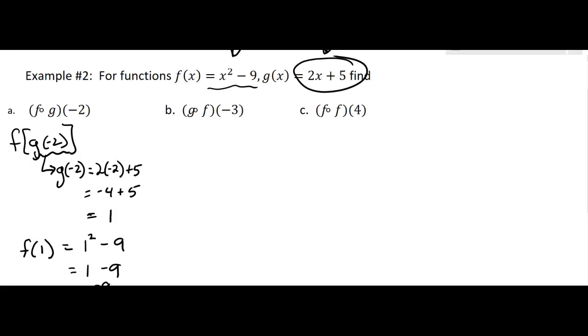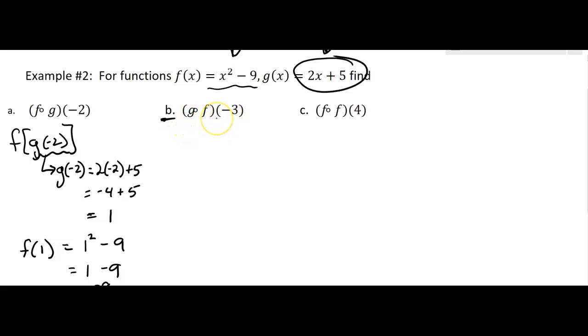So now in part B, we're going to find g of f of x. We're going to do it different. We're going to get the oil changed first and then get the car washed. And does it make a difference? Sometimes, if the mechanic gets the car dirty after you washed it, then, anyway.